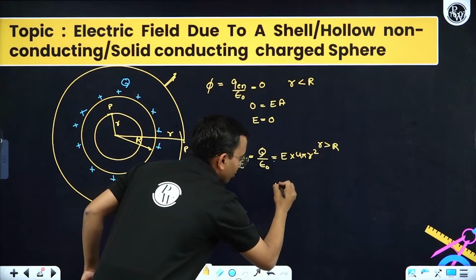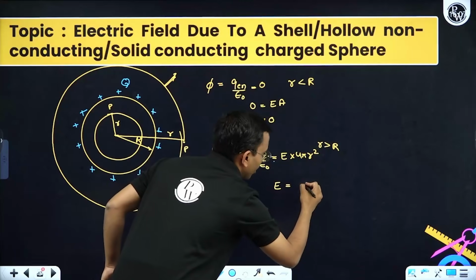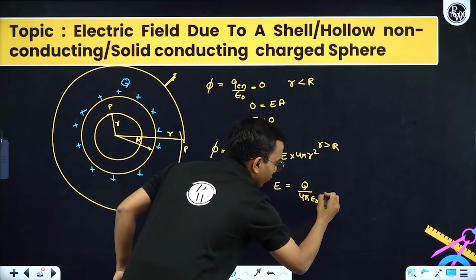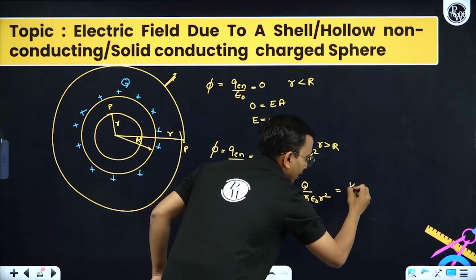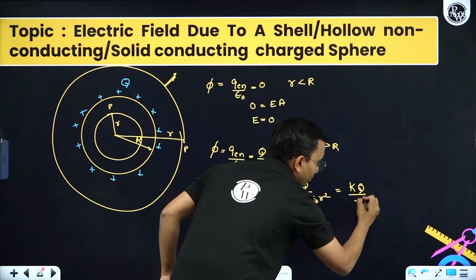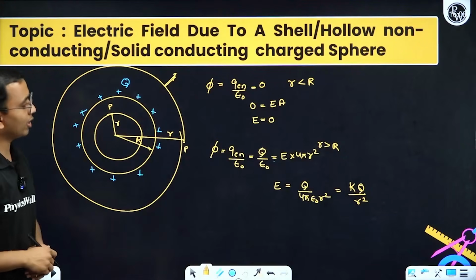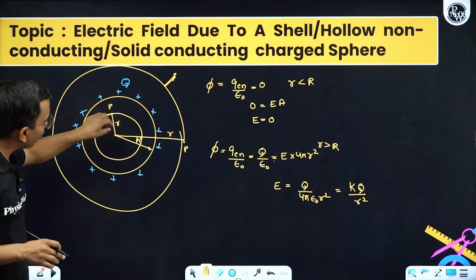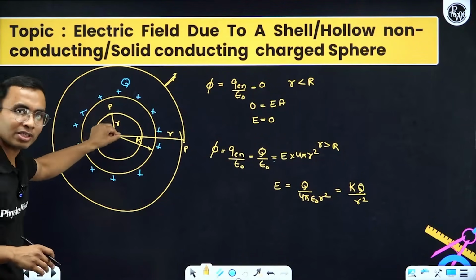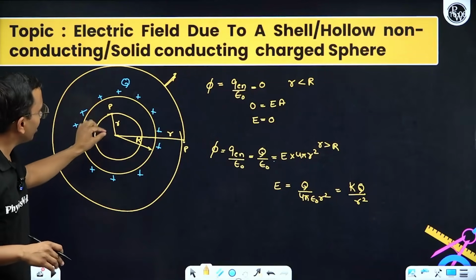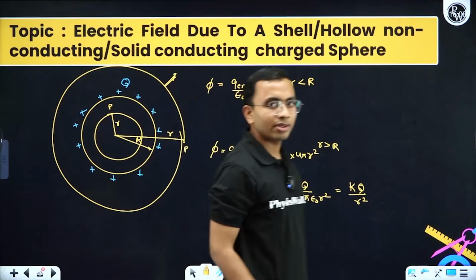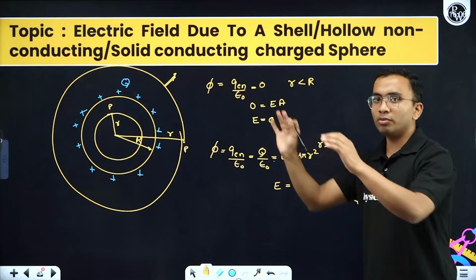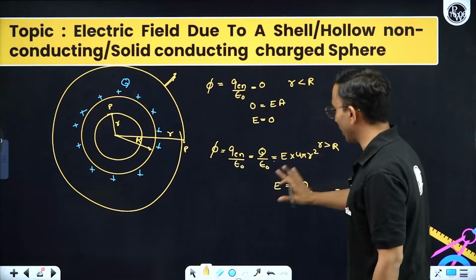So the electric field becomes Q divided by 4 pi epsilon naught r square, or KQ by r square. So it just behaves like a point charge having the same charge as this shell placed at its center. If a shell is there, inside the electric field is 0. Outside it will behave like a point charge at its center, KQ by r square.